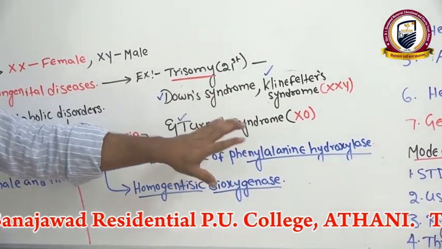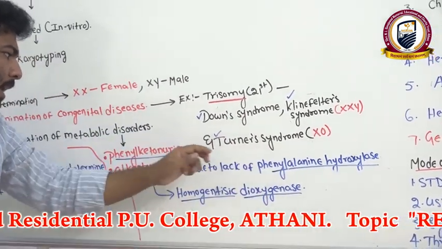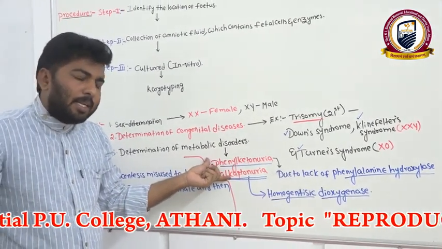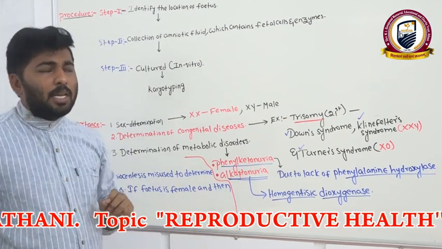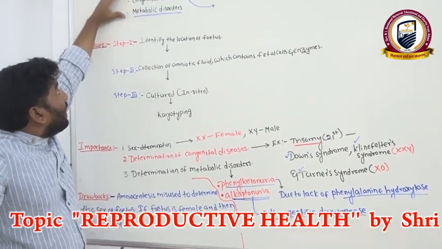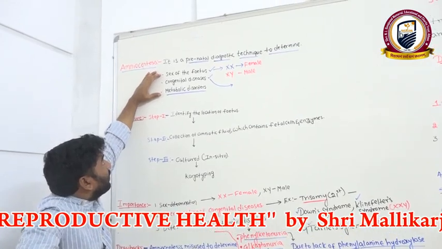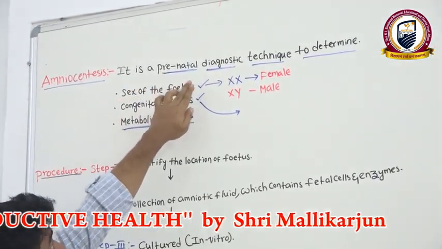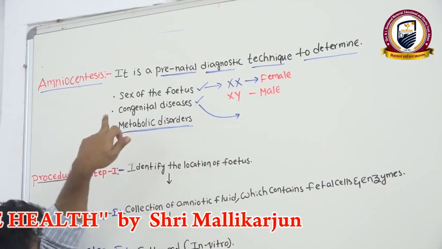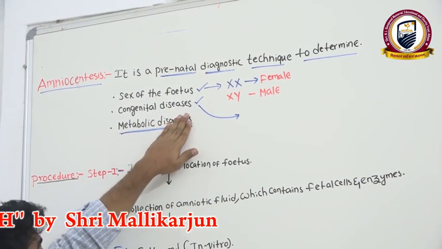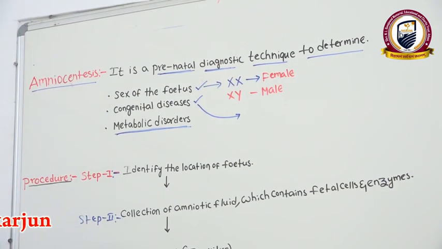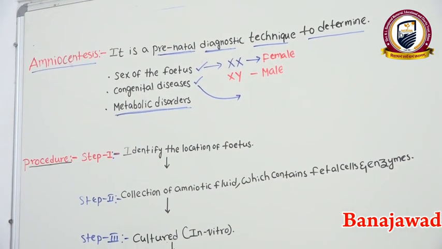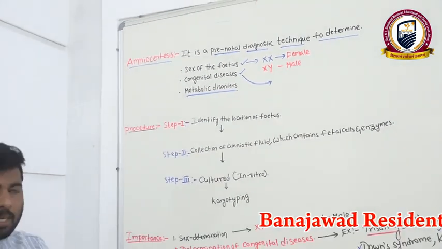Because of the lack of these two enzymes, the baby will get these two metabolic disorders, phenylketonuria and alkaptonuria. Clear? To identify these three, the sex of the fetus, congenital diseases and metabolic disorders, we use the special technique called amniocentesis. Now we will discuss how we do this test.